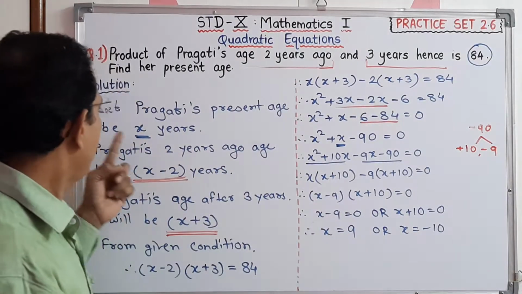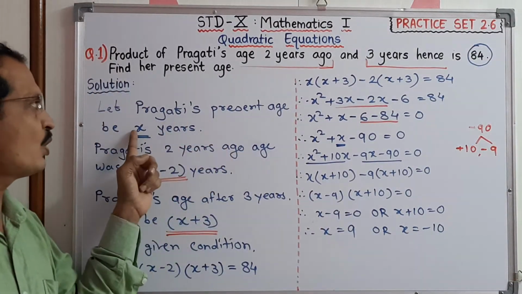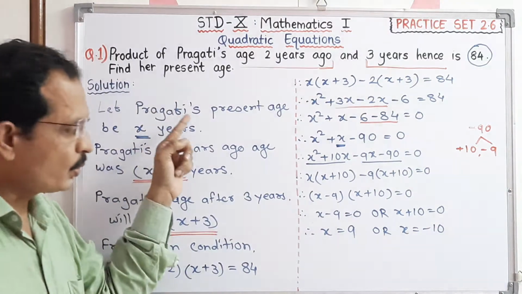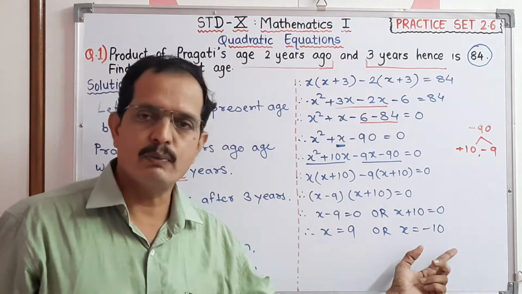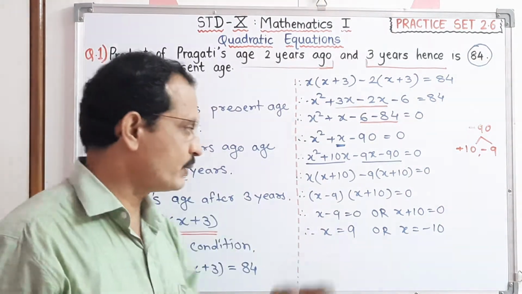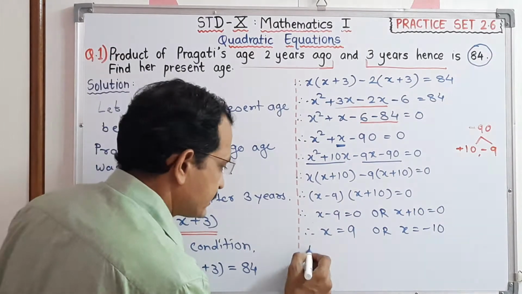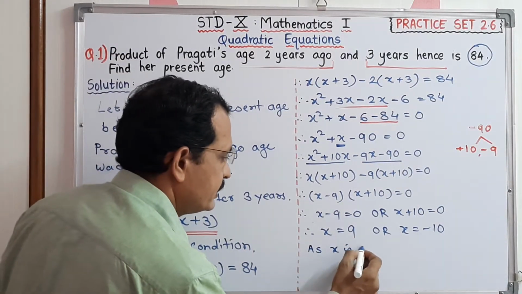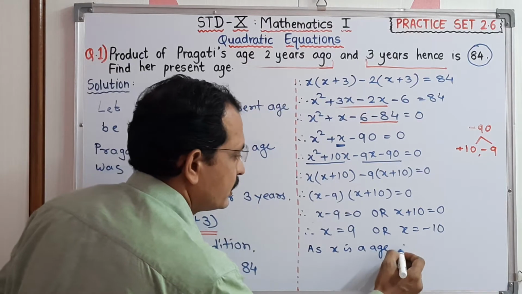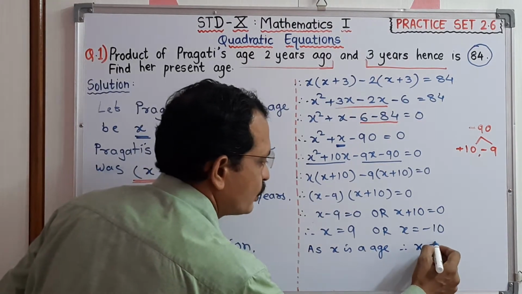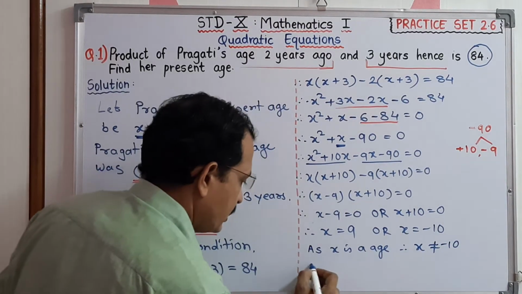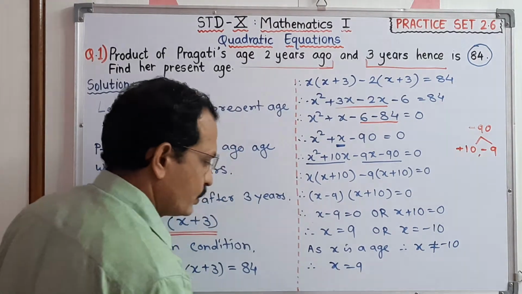What is x? X is the present age of Pragati. Now all of you know that age can never be negative, therefore we can write here, as x is an age, x is not equal to minus 10, therefore we get the value x is equal to 9.